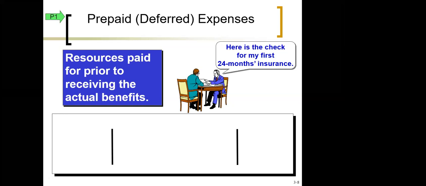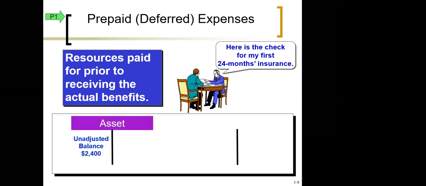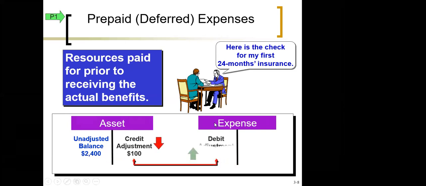You only got from December 1st to December 31st, if today is December 31st. So only 1 month expired. So you have to remember the unadjusted balance would be 2,300, and you're moving 100 over here. So your balance will be 2,300 here, and an expense, which is a temporary account, realizing the expense, which is insurance expense.